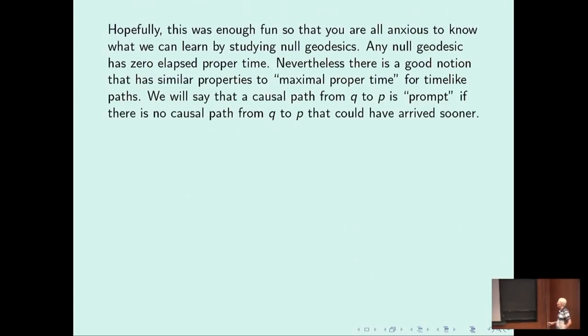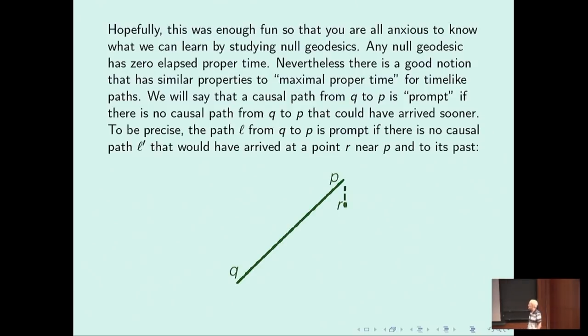We'll say that a causal path from Q to P is prompt if no causal path from Q to P could have arrived sooner. To be precise, a causal path L from Q to P is prompt if there's no causal path L prime that would have arrived at a point that's near P but to its past. So this path is prompt if you couldn't have gotten there faster.